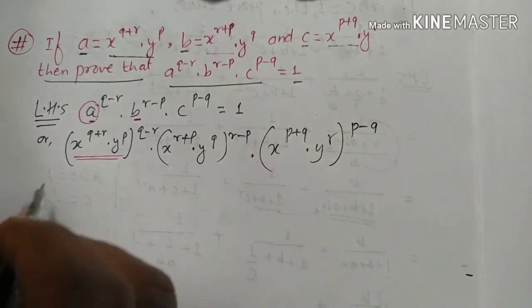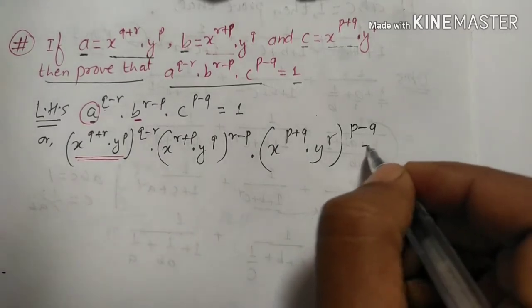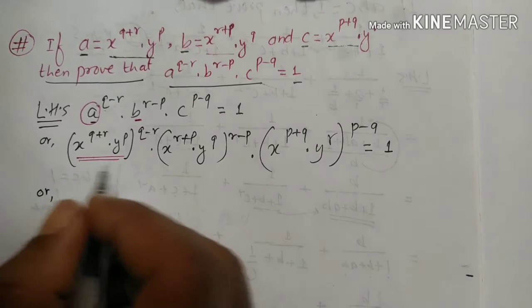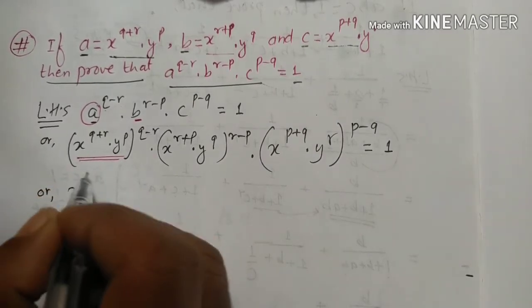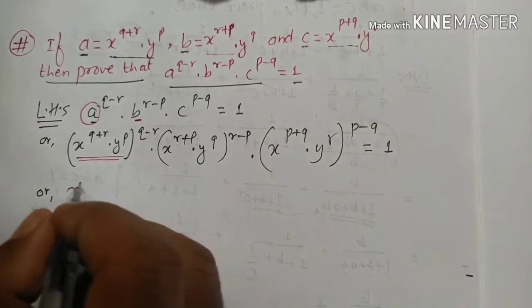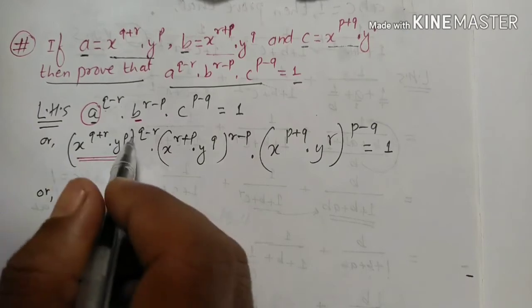Now you can solve like this. This is equal to 1. Now x, here is q plus r in the power q minus r, so a plus b, a minus b, like that.